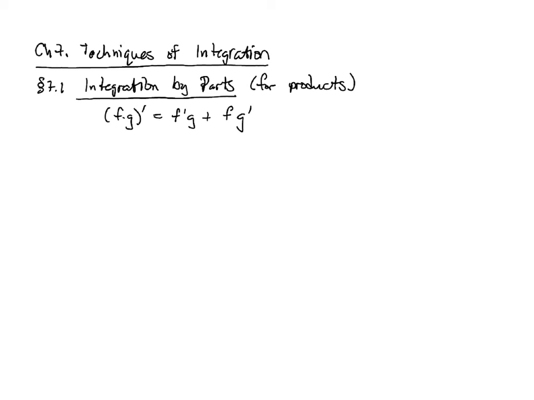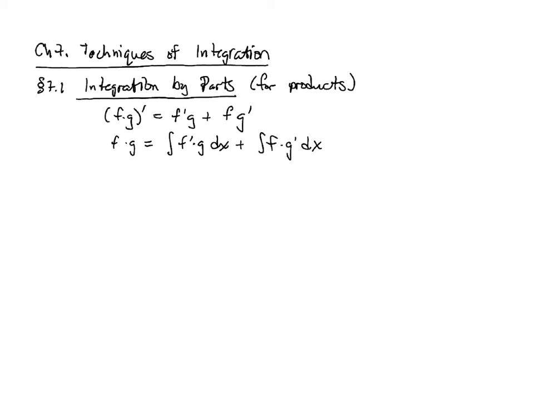And so if I integrate both sides of that equation, we find that f times g is the integral of f prime times g dx plus the integral of f times g prime dx.